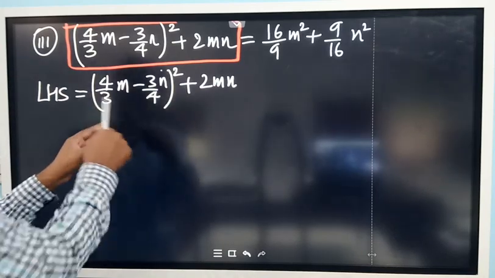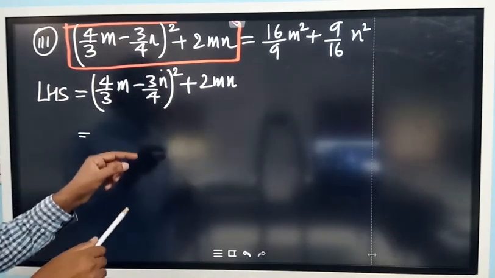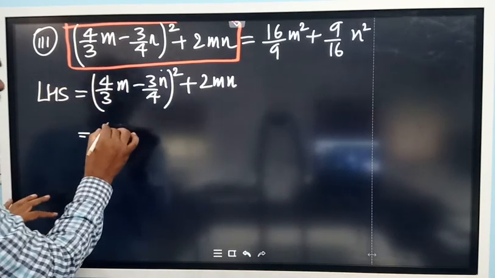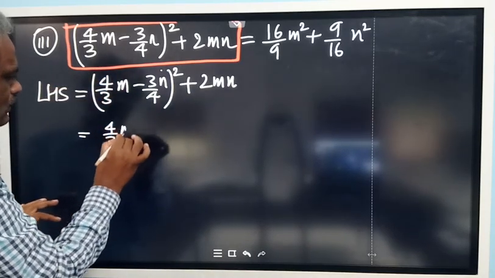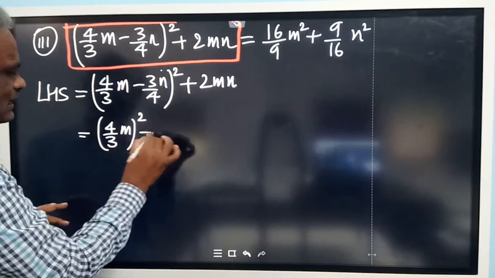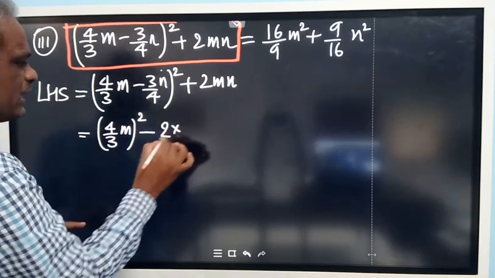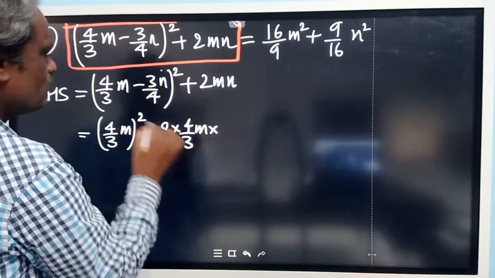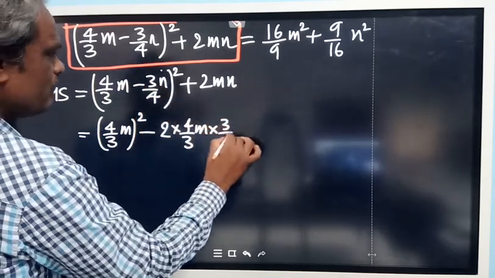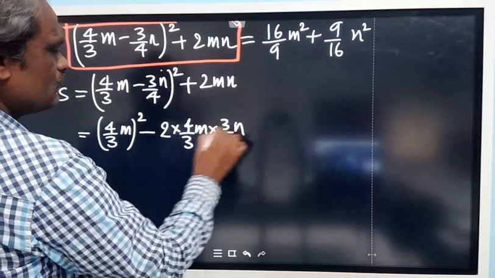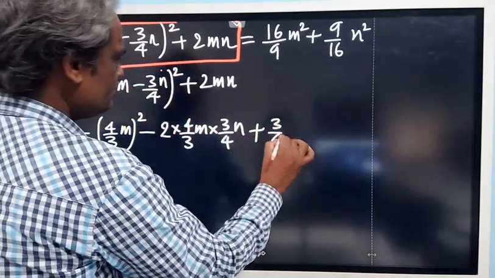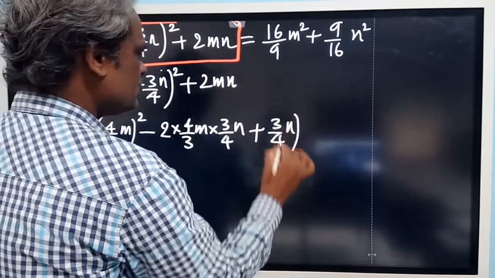Now here you can apply a minus b whole square formula. A minus b whole square formula means a square, a square means 4 by 3m whole square, minus 2ab, 2 into a value which is 4 by 3m, into b value 3 by 4n, plus b square, that is 3 by 4n whole square.